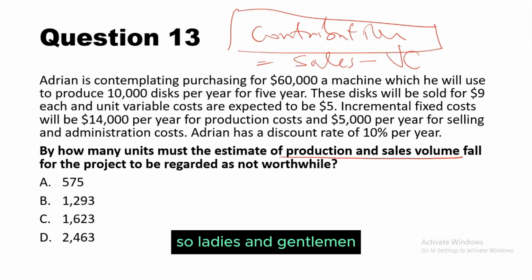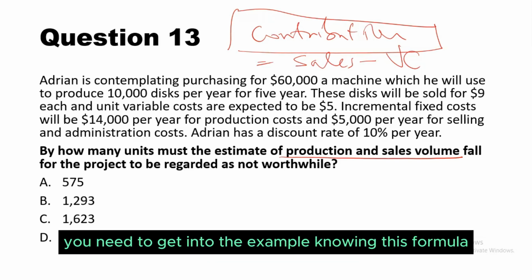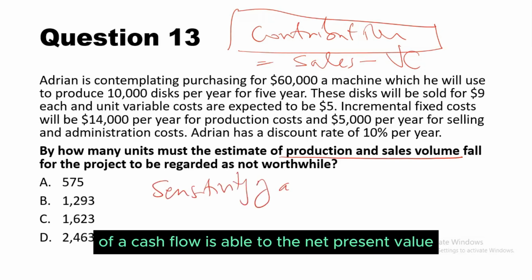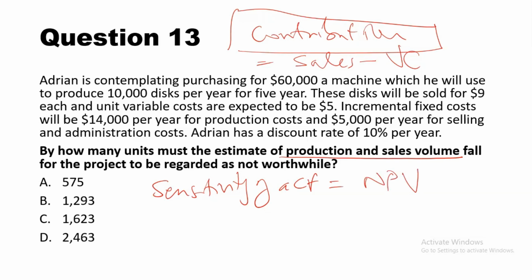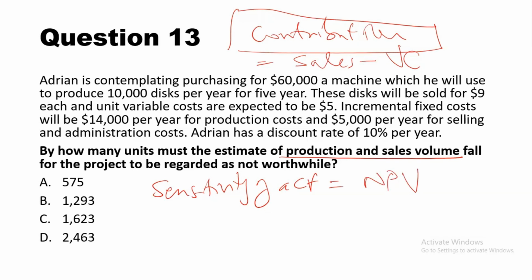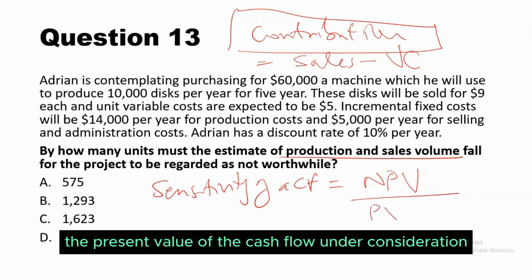Ladies and gentlemen, you need to get into the exam hall knowing this formula. Sensitivity of a cash flow is equal to the net present value of the project all over the present value of the cash flow under consideration.